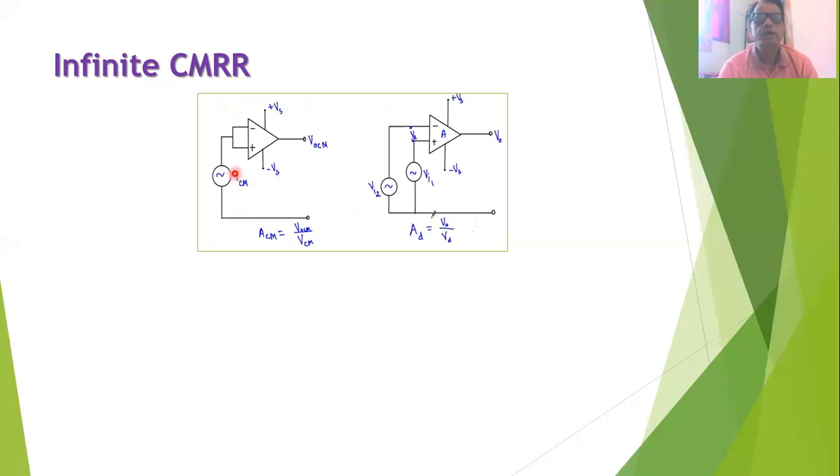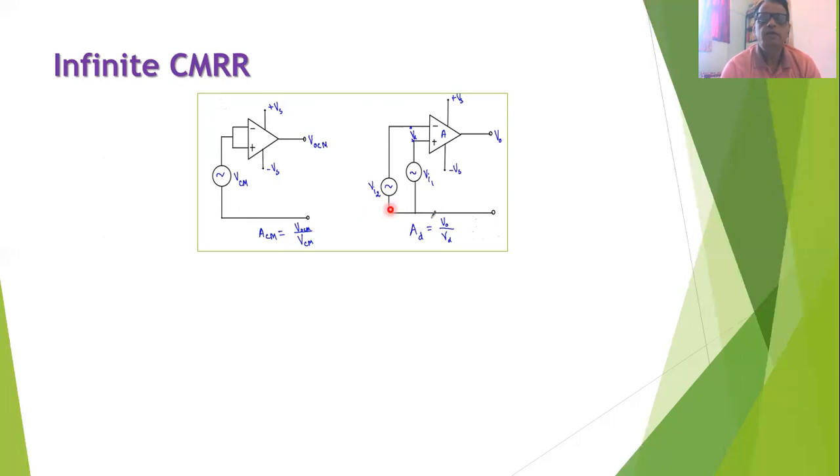Common mode gain can be determined when the same signal is applied to both inputs of the operational amplifier. Suppose the same voltage is applied to the inverting input and to the non-inverting input, and the output is measured, and the ratio of output and input is taken to determine the common mode gain.